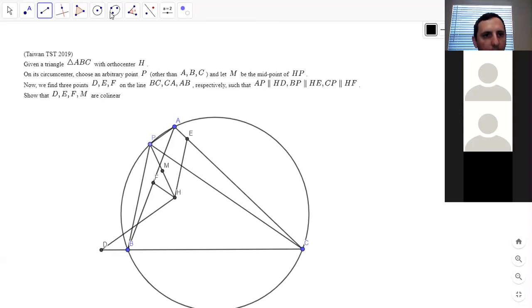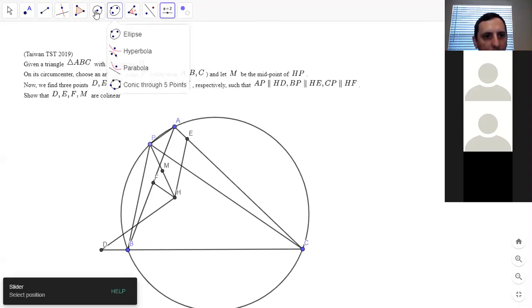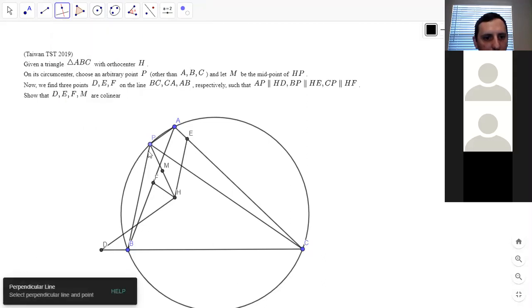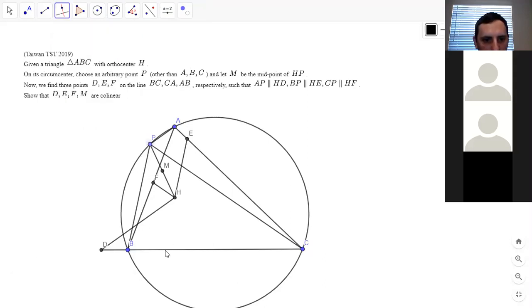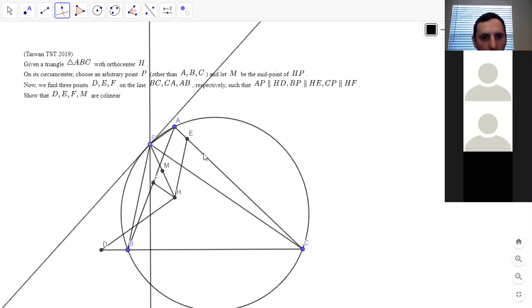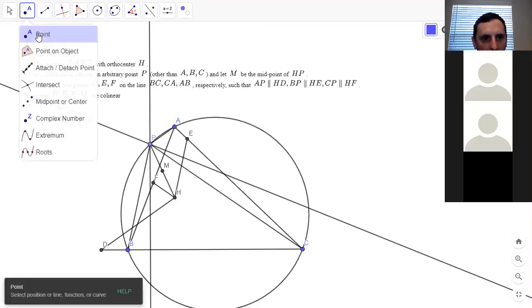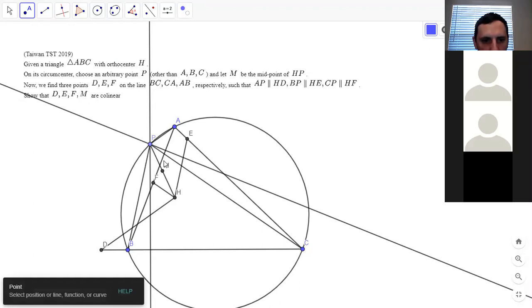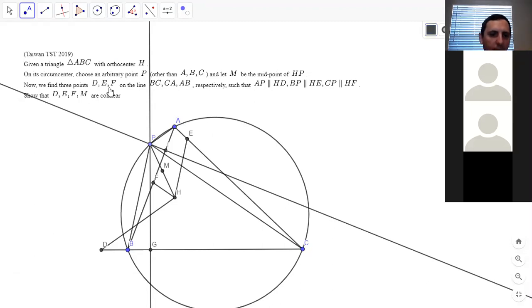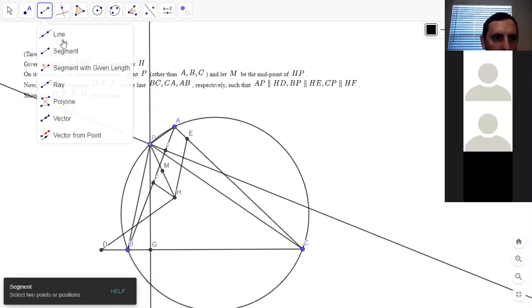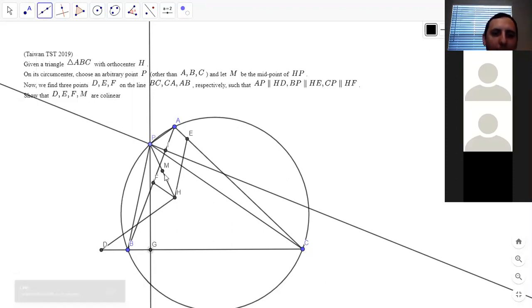So draw the perpendiculars, P to AB. Or, yeah, let me do this one instead. So does the Simpson line pass through M? Yep. Oh yeah, because it's well known that the midpoint, yeah. Okay. Yeah, no, now I remember that's a well-known fact.